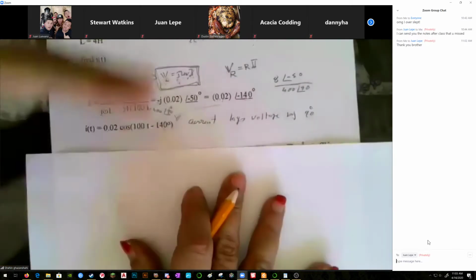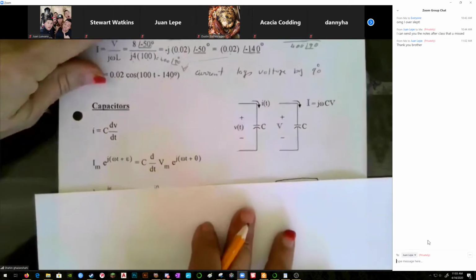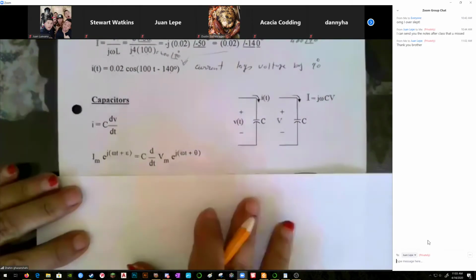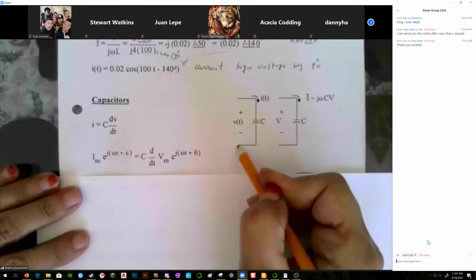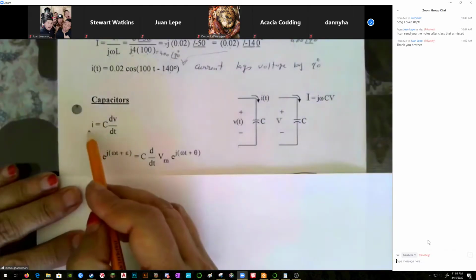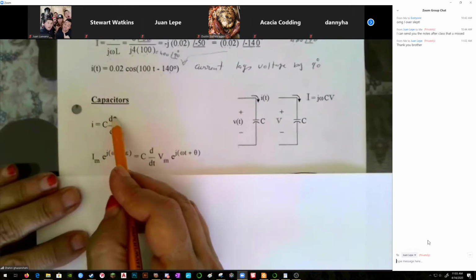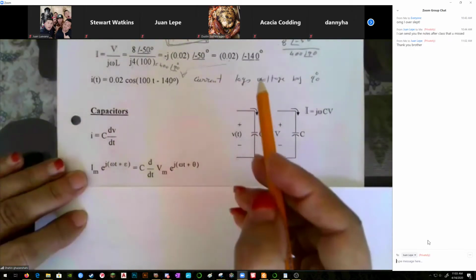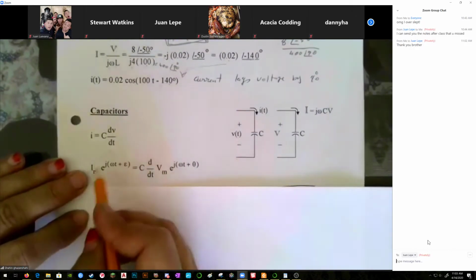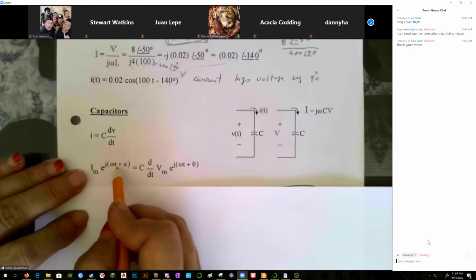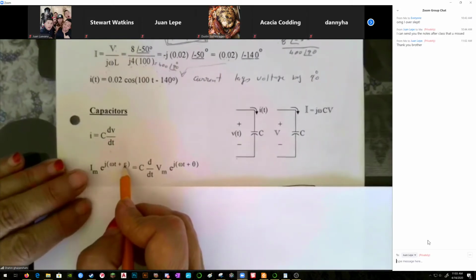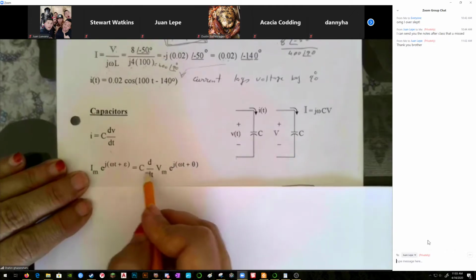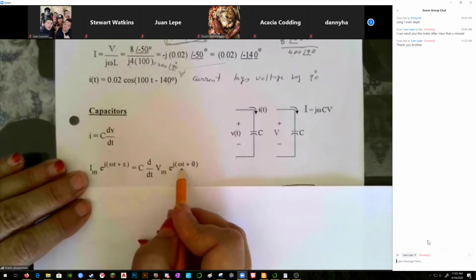Okay. We do the same derivation for capacitors. See what happens for capacitors. We know that the current of capacitors is C dV/dt. Instead of the current, again, you're going to put what? Im exponential of j omega t plus phi. Instead of the voltage, you put what? Vm exponential of j omega t.